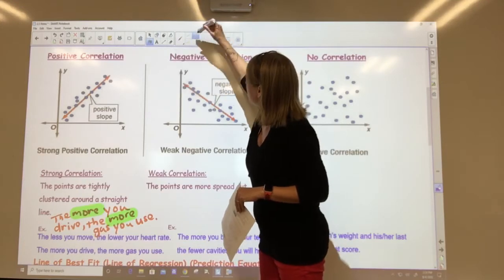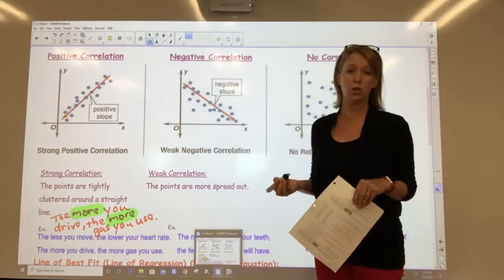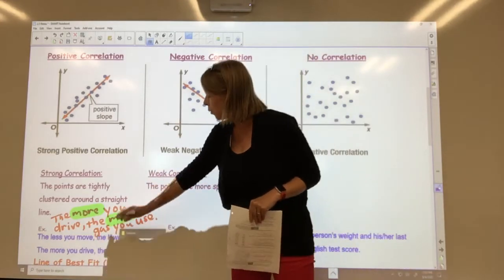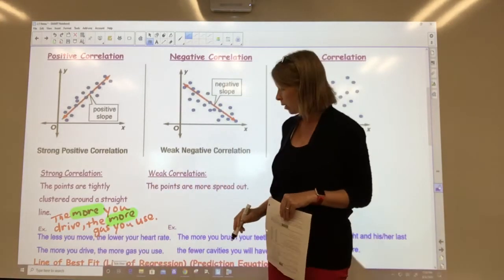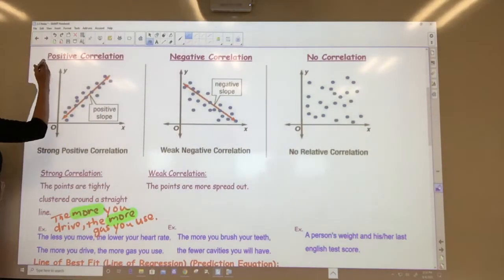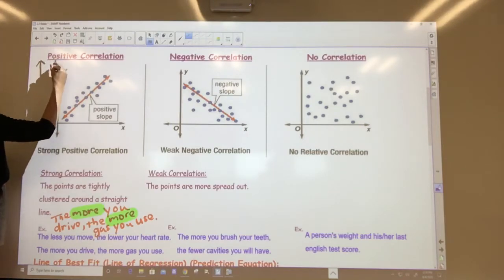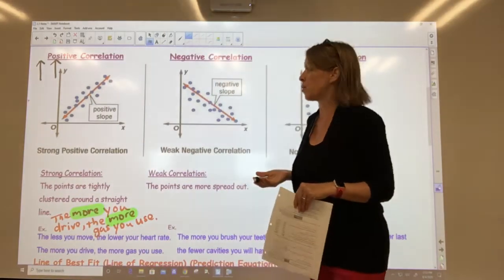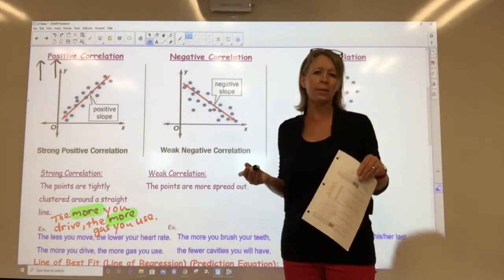That is an example of a positive correlation. So if you didn't have the scatter plot to look at, and you only had this sentence, what you would want to look for are those key words. Positive correlations are anytime as one variable increases, if the other variable also increases, that means that those two variables have a positive correlation.